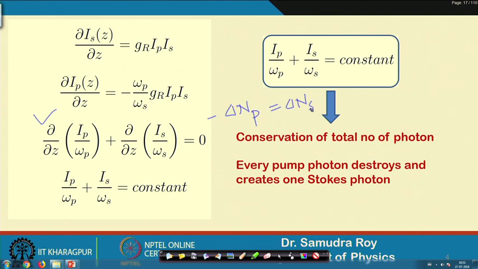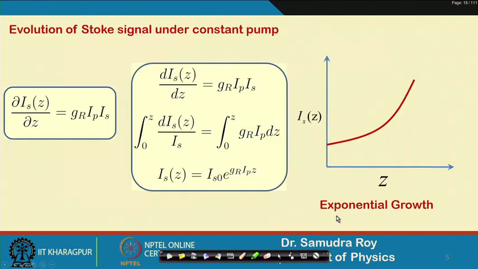This relation is basically the Manley-Rowe relation, and it basically tells you about the conservation of energy. That is all. We have already discussed these things in the previous class; it is just a recap. So, now we are in a position to solve the coupled differential equation.